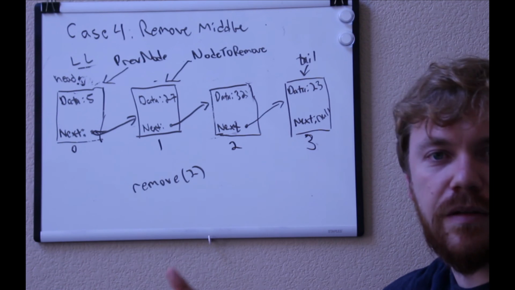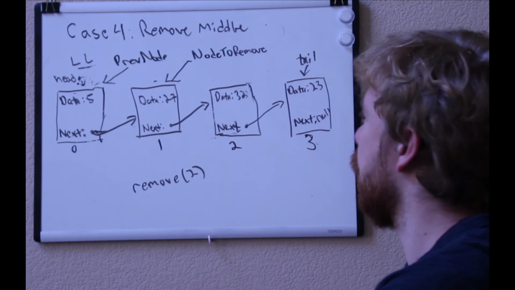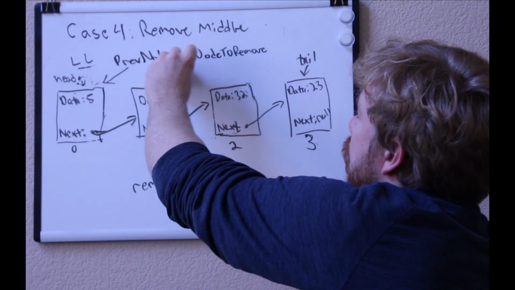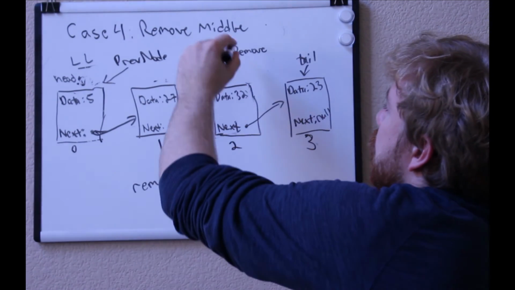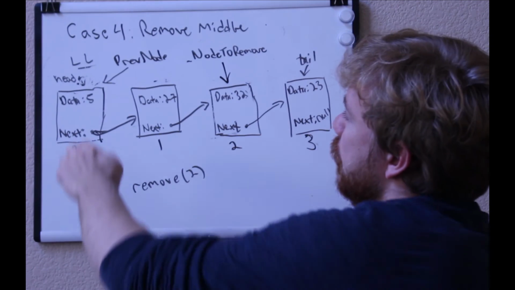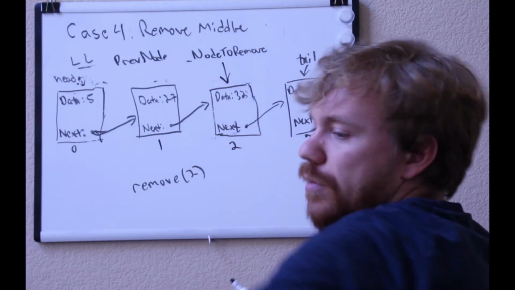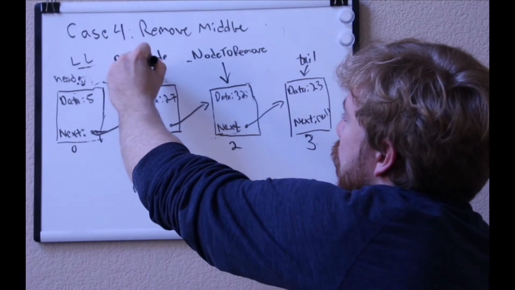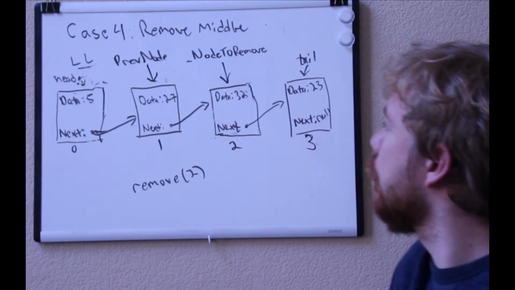So this is not what we want. So move on to the next node. So node to remove now references the node at index 2. And previous node must follow the node to remove. So now it references index 1.